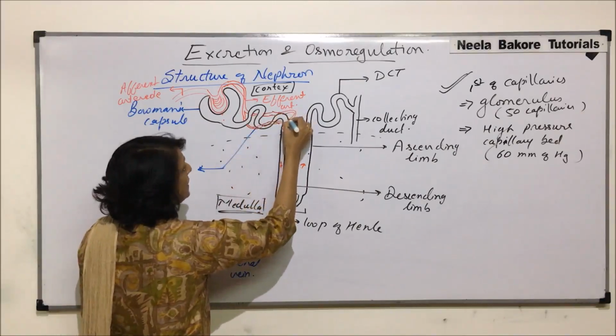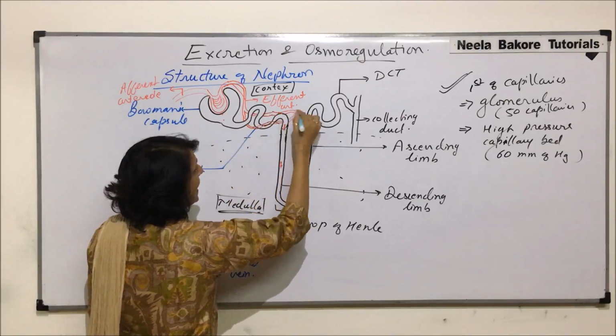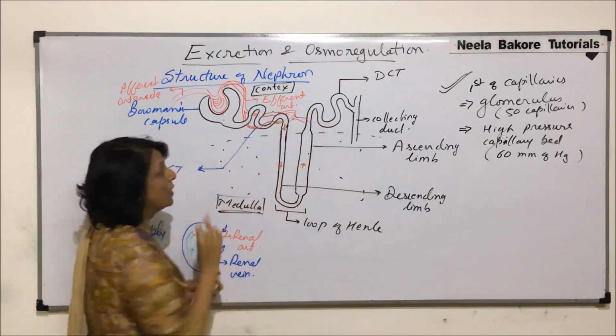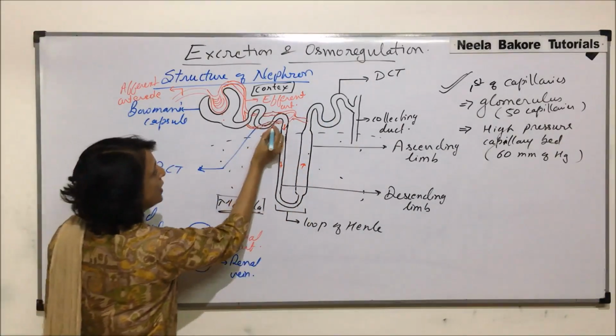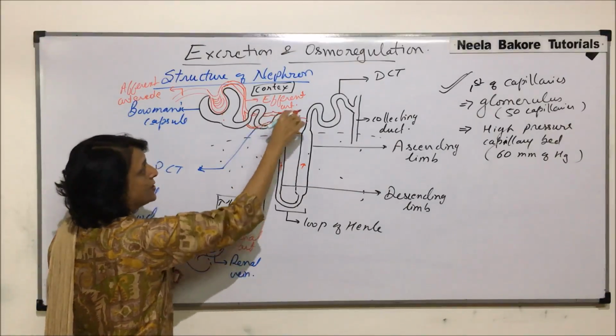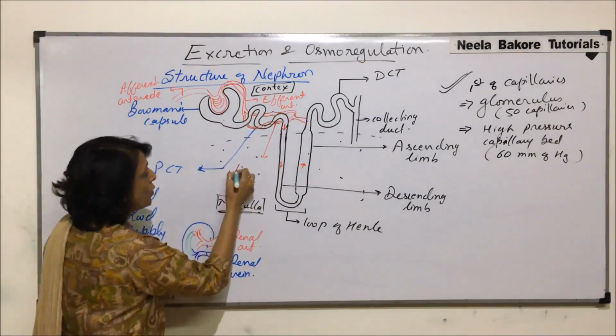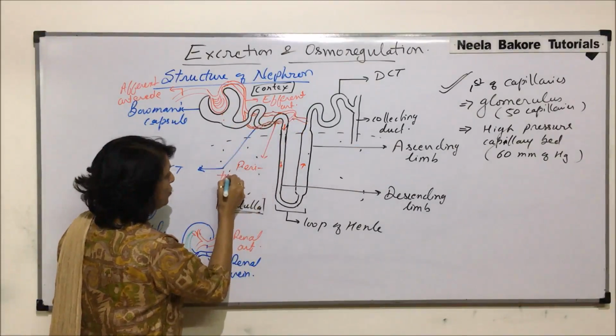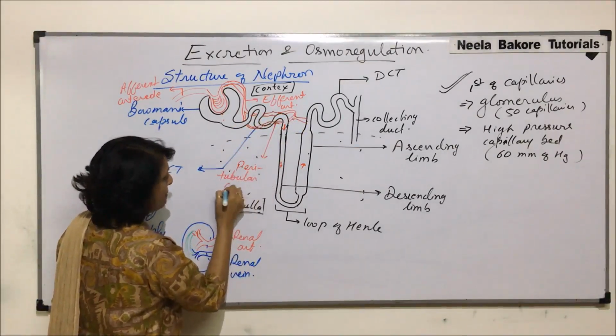Here also we would find these kinds of capillaries and their branches going around. The branching which we have drawn here is called peritubular capillaries.